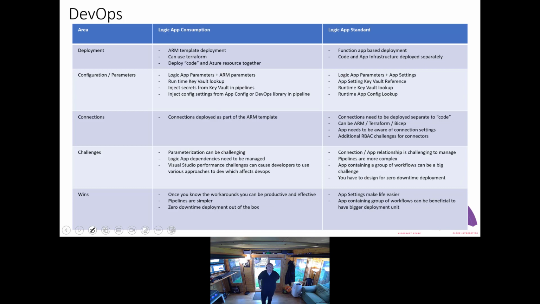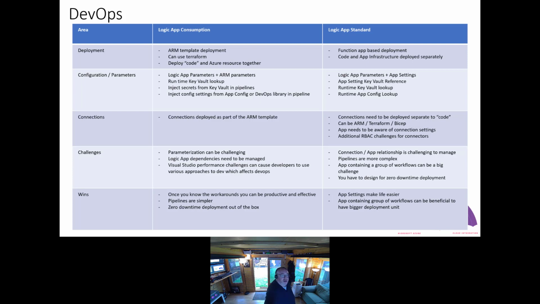Okay, DevOps. So I think this is one of the areas a lot of people will be interested in, the differences between DevOps for consumption and standard. So we go through the different deployment options here. We've got logic app consumption.